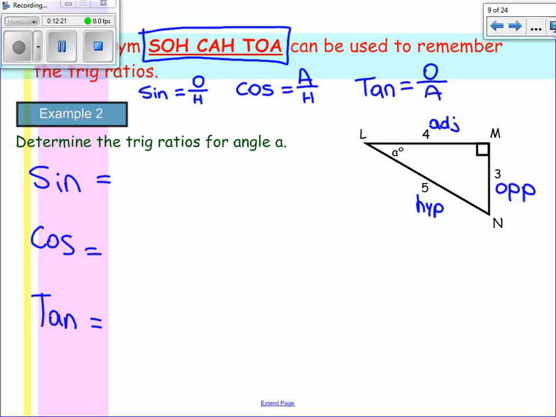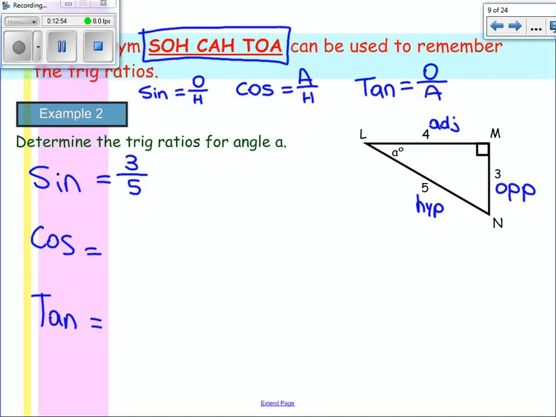So sine, remember if we're doing SOH CAH TOA, sine is equal to opposite divided by hypotenuse. Your opposite side is 3. Your hypotenuse side is 5. So I'll do the first one for you. Do the next 2 on your own. The top will always be smaller for sine and cos, but not necessarily for tan.